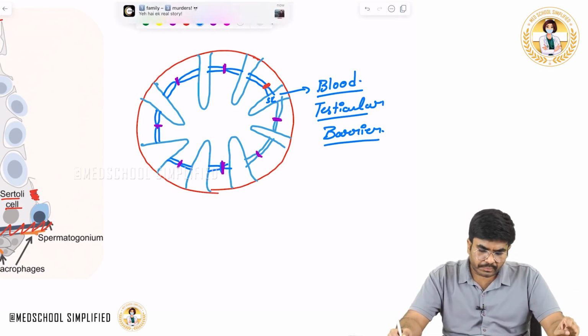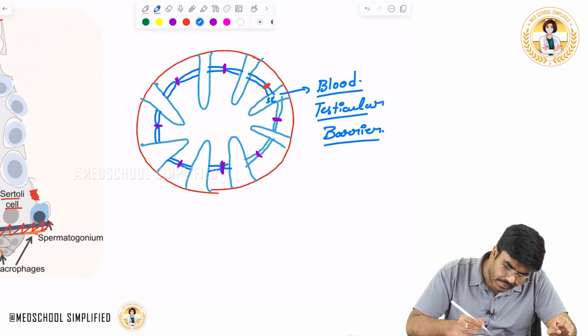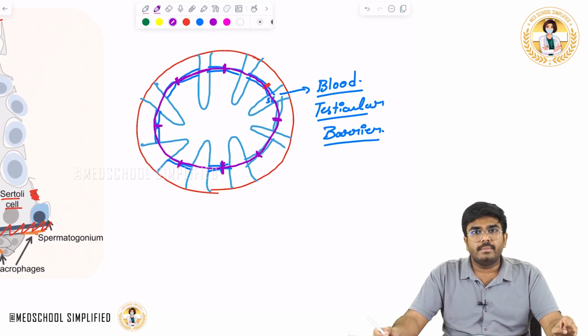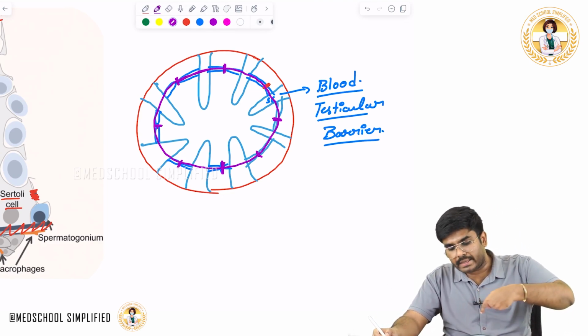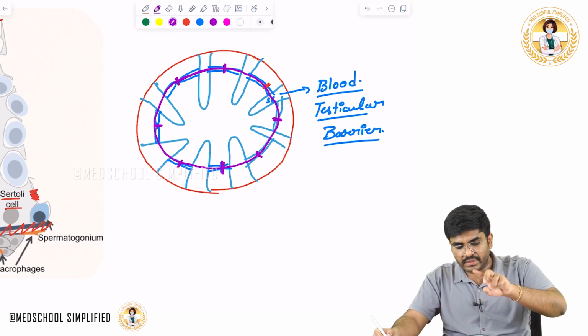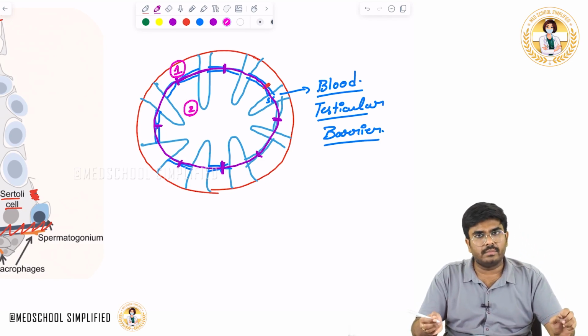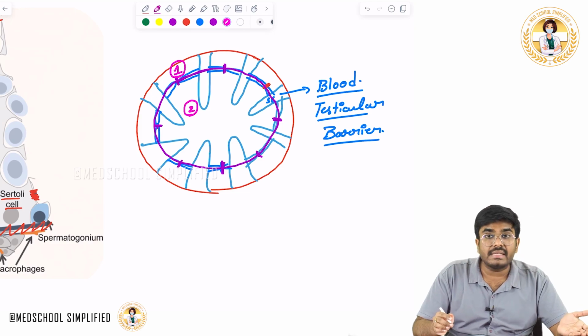Look here. Because of this barrier formed by the Sertoli cells, the entire seminiferous tubule is divided into two compartments. Compartment number 1 is outside, in the periphery, and compartment number 2 is inside.